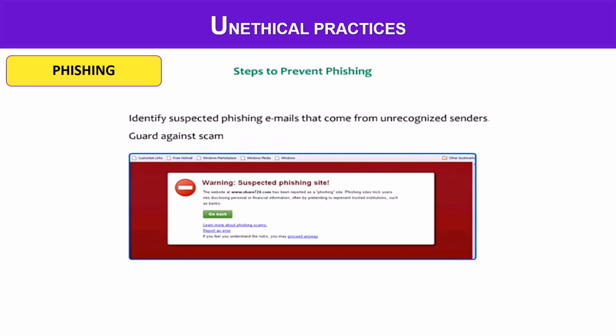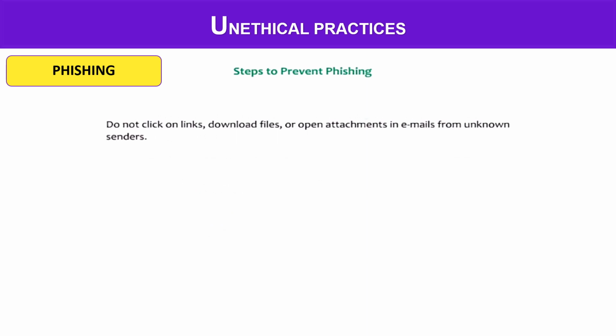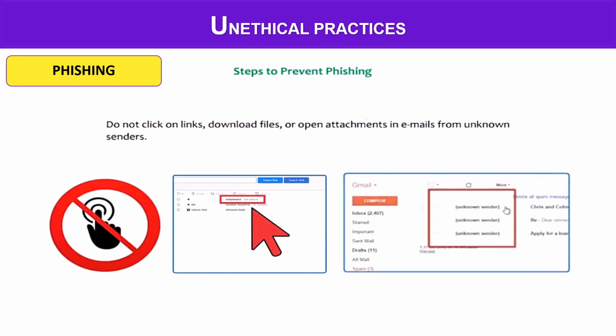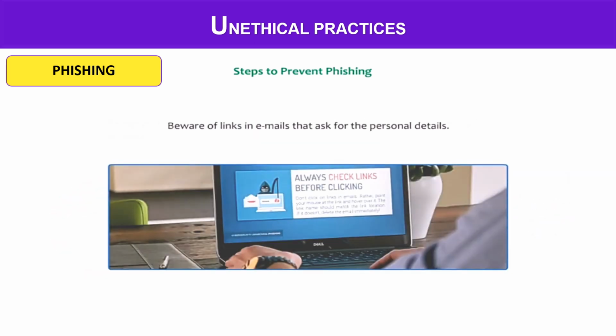First, identify suspected phishing emails that come from unrecognized senders, means senders you do not know. Next, do not click on links or download files or even open attachments in emails that come from unknown senders. Be careful of links in emails that ask for personal details.